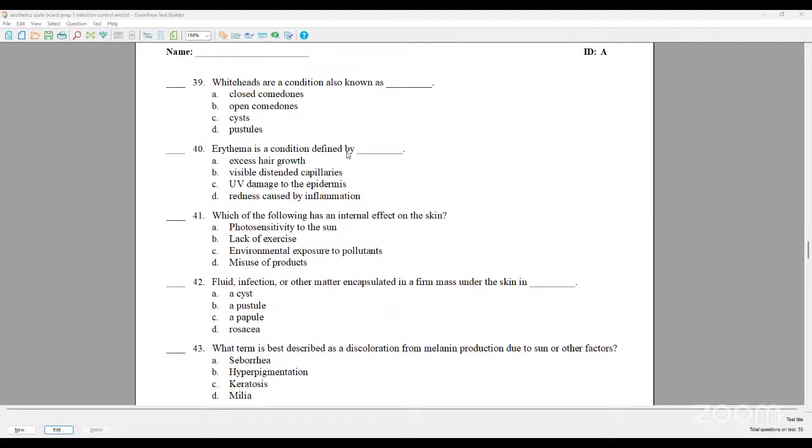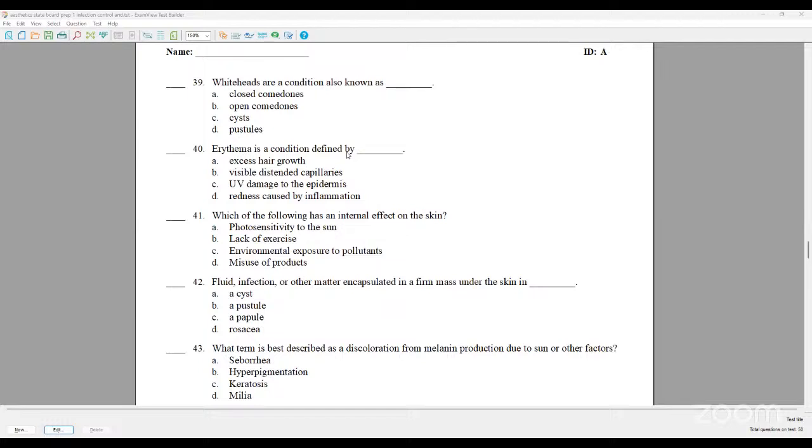Okay. 41. Which of the following has an internal effect on the skin?